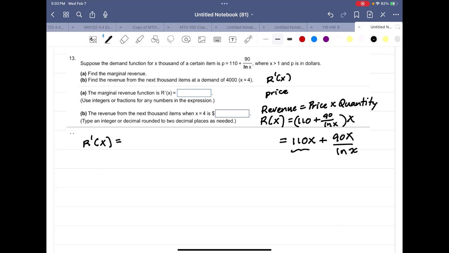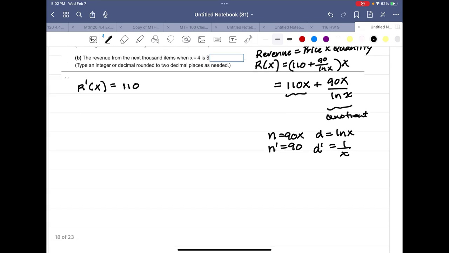Well, the derivative of 110x is 110, and then this is a quotient rule. So my numerator is 90x, my numerator's derivative is 90, my denominator is the natural log of x, and my denominator's derivative is 1 over x.